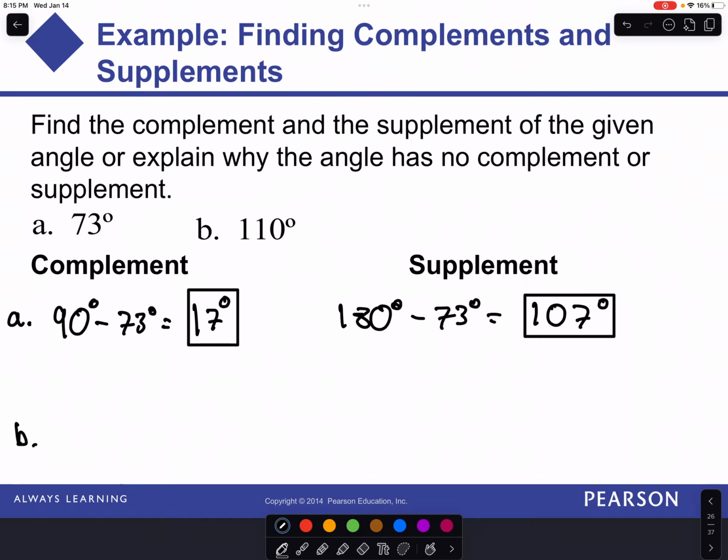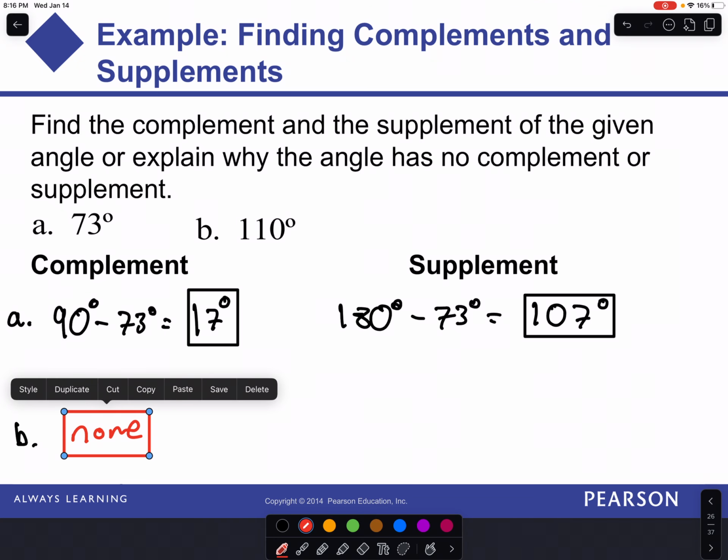Okay. So for B, we can't find a positive number to add up to the given degree to get to 90. So we would say none for that first part. And then the supplementary angle.